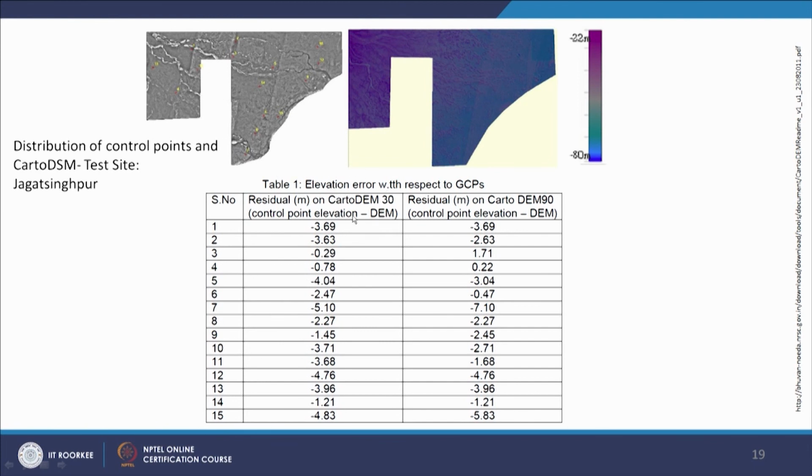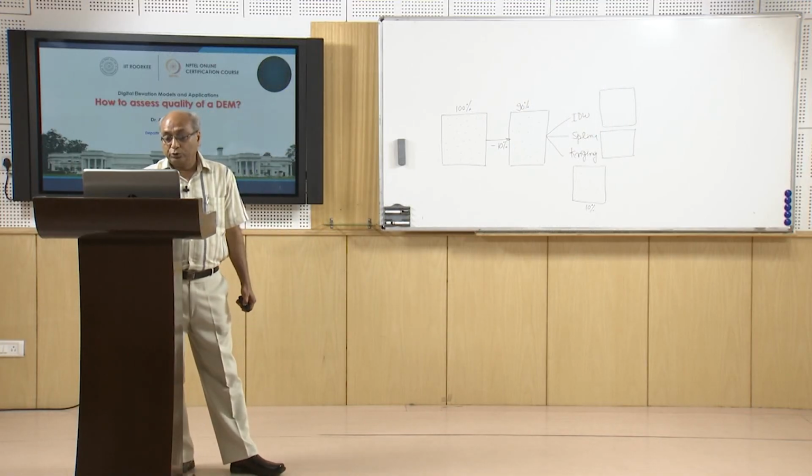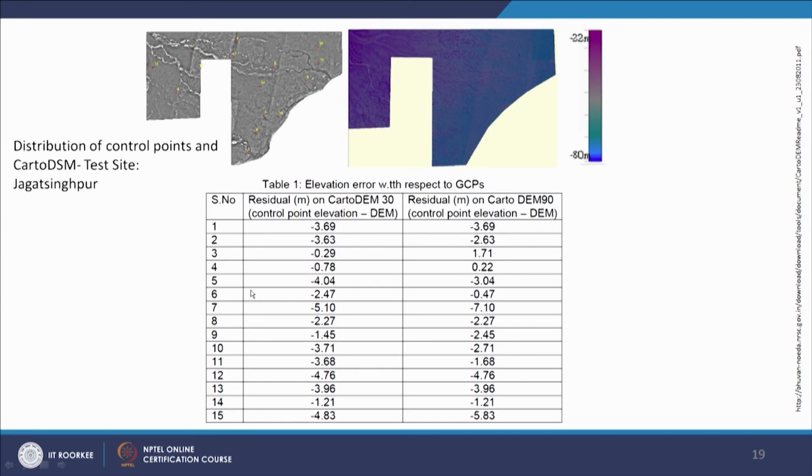So, at 30 meter resolution, these are the values, and you are underestimating the height value, whereas in the case of 90 meter resolution you are again getting values that vary. Since the resolution has changed, these RMSE values have also changed with respect to different GCPs as well. So, this is one way.